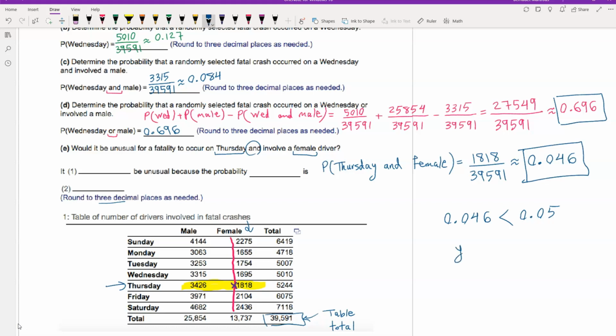Yes. That means it's unusual. So in this part we have it would be unusual because the probability is 0.046. And that is less than 5%.